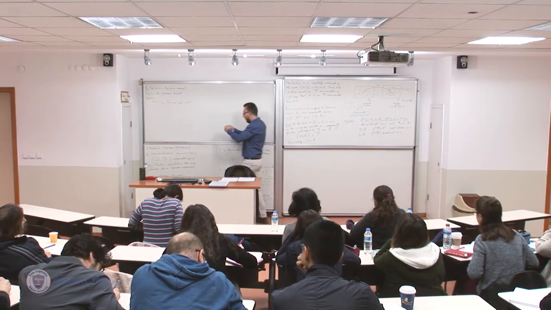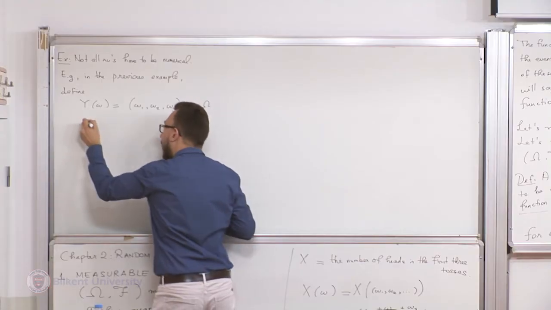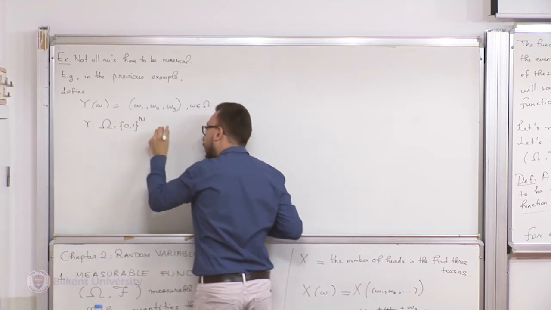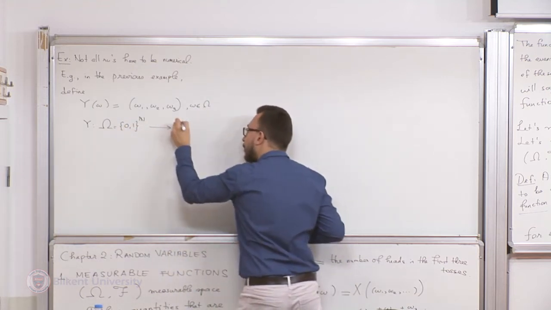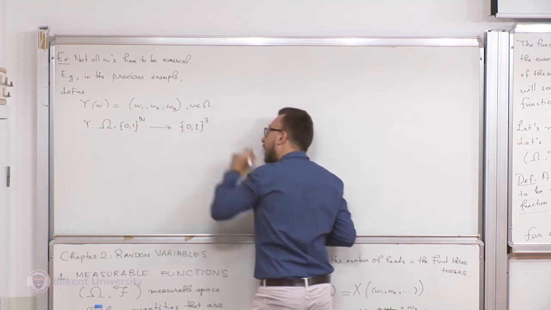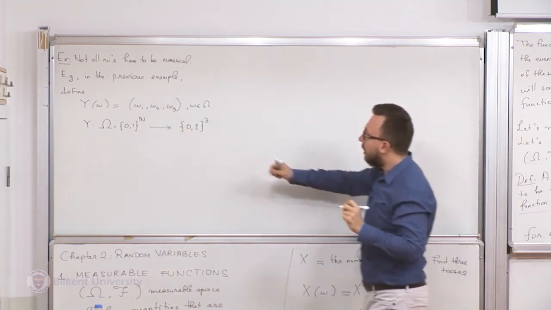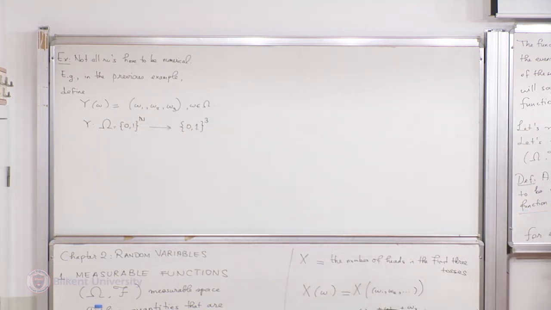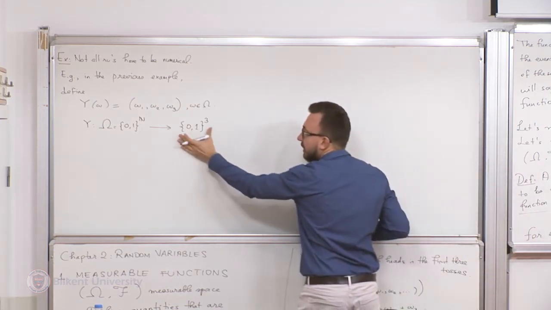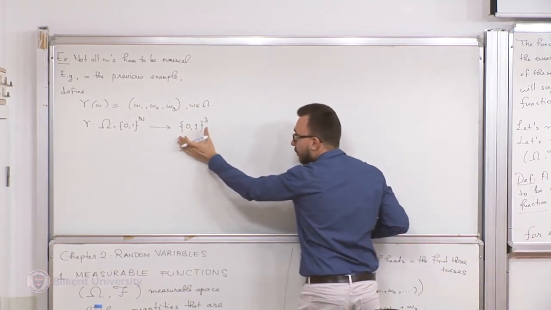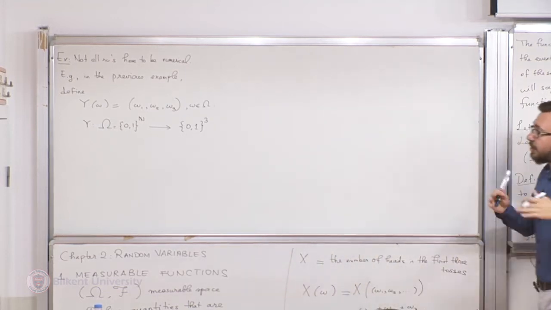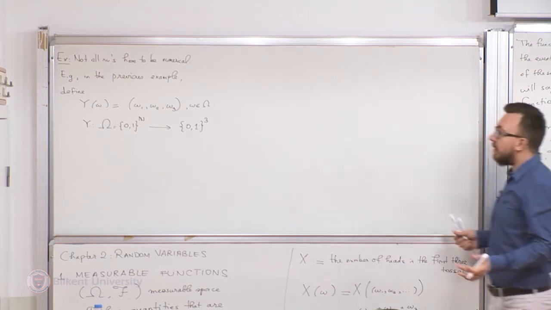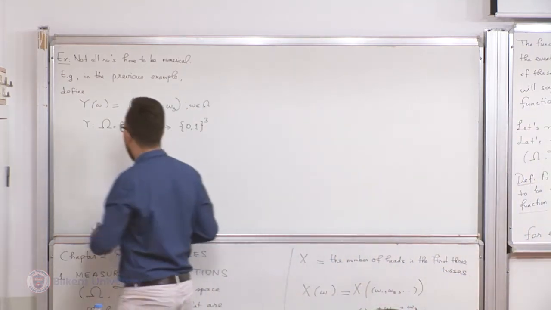So that's a function. Y is a function from omega, which was the set of sequences of 0, 1s, into {0,1}^3. 0, 1 here, 0, 1 here, 0, 1 here. And this is not a numerical set. It's not a subset of the real line or extended real line. It's a Cartesian product of 3 spaces. So this can also be a random variable.